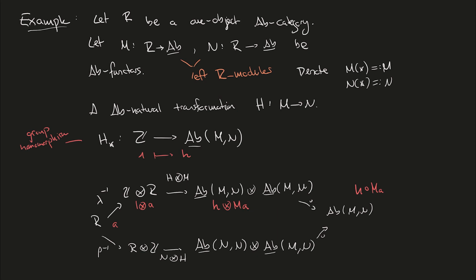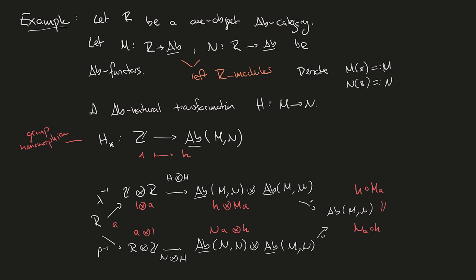Taking the bottom path, we map A to A tensor 1, which is mapped to NA tensor small h, which is then mapped to NA after h. And these two maps are supposed to be equal.